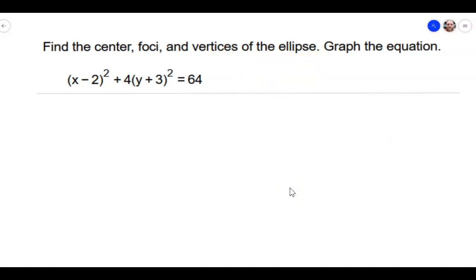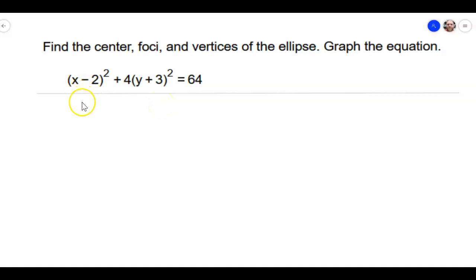Alright, so like all of these, I need to know what the formula looks like, and I have two formulas depending on whether the major axis is on the x-axis or the y-axis. So how do we tell which one it is? Well, they don't tell us which one is the major axis, so we're going to have to put it into the form and see which one is higher.